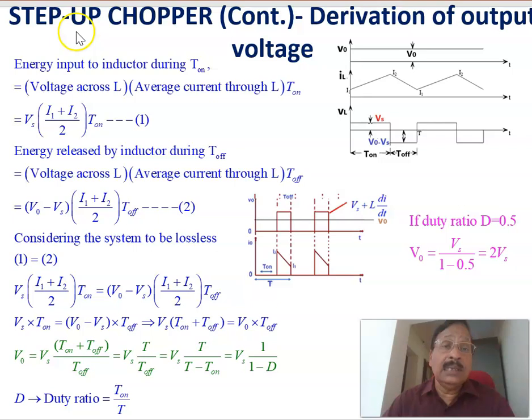Now let us see the derivation of the output voltage of the step-up chopper. First, the energy input to the inductor during the on period. The energy stored in the inductor is the voltage across the inductor times the average current through the inductor, which gives the power, times the on period T on.